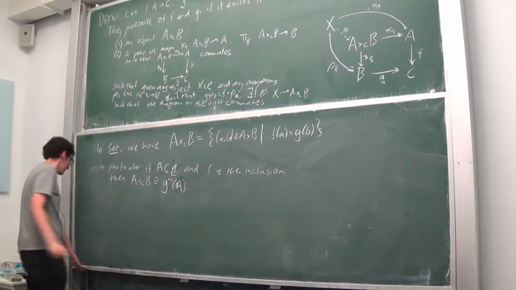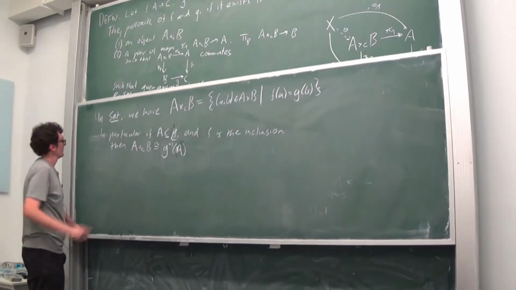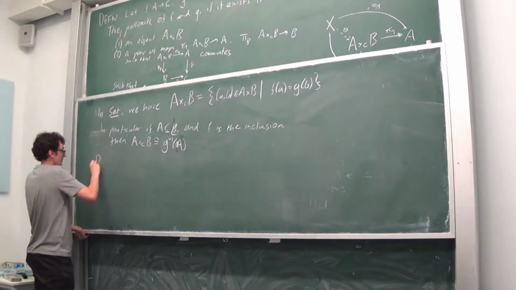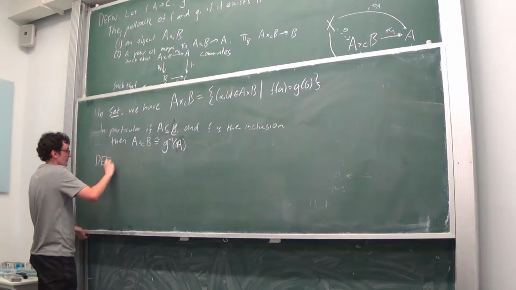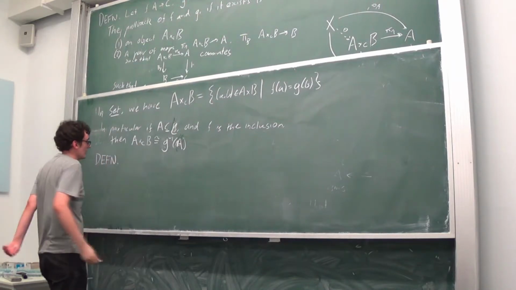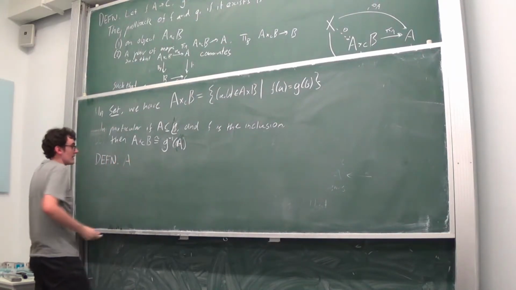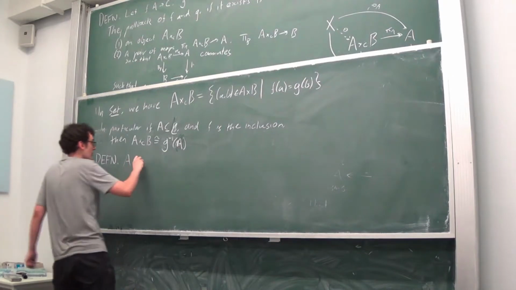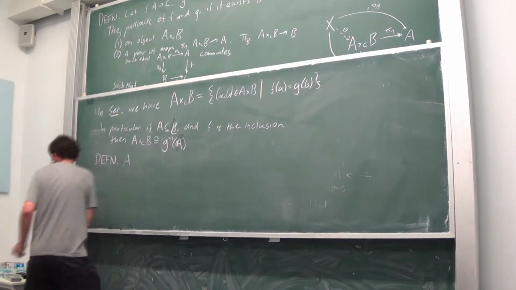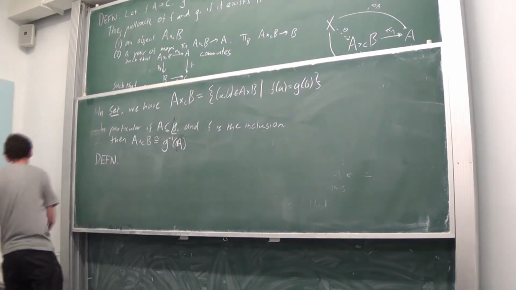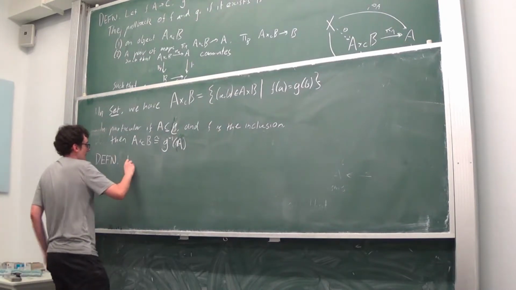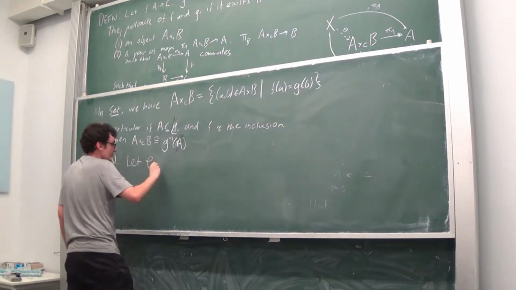So we want to generalize that. So we're going to define a diagram in a category. So let's start with, let C be a category as before.